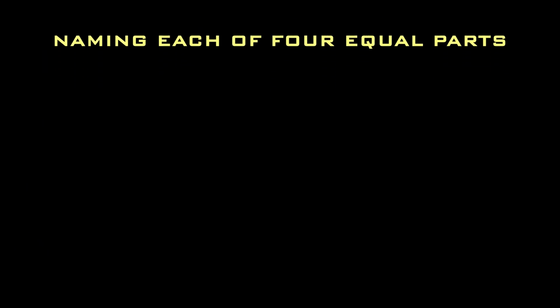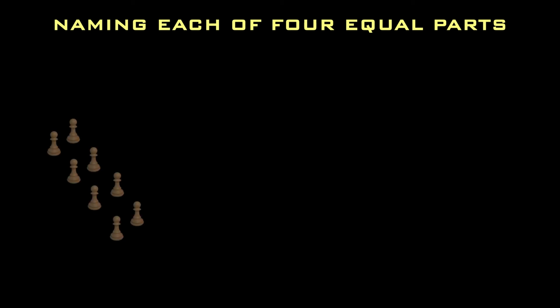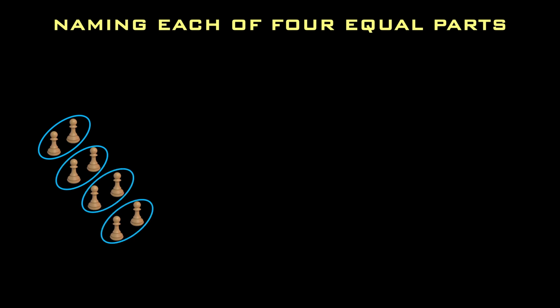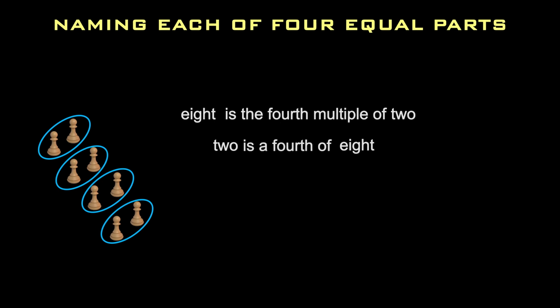Naming each of 4 equal parts. Here is a group of objects separated into 4 equal parts. The number of objects in the group is 4 times the number in each part. 4 times 2 is 8. 8 is the fourth multiple of 2, so we say 2 is a fourth of 8.